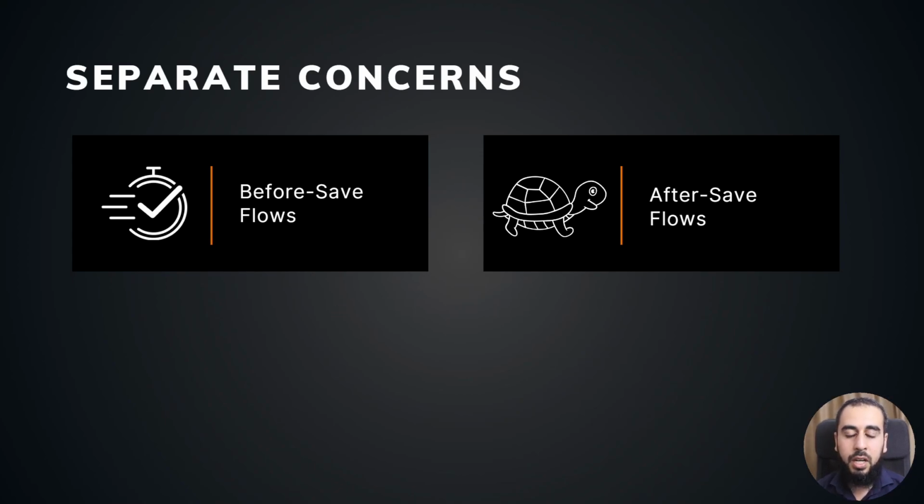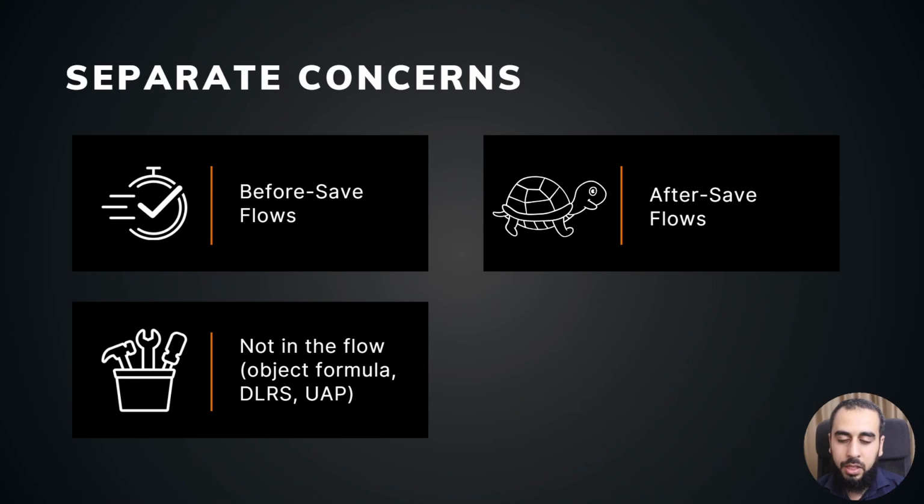If you need to debug or troubleshoot something, having the logic separated in two different places helps. This flow is meant to do XYZ, and this flow is meant to do ABC. If you have a problem related to ABC, you only debug and troubleshoot ABC, and you don't have to worry about the second one. So separating concerns is good for troubleshooting, and it's also good in terms of CPU time limit and avoiding errors overall.